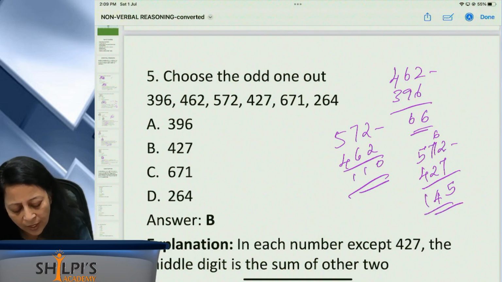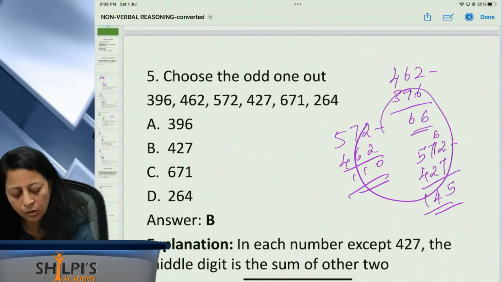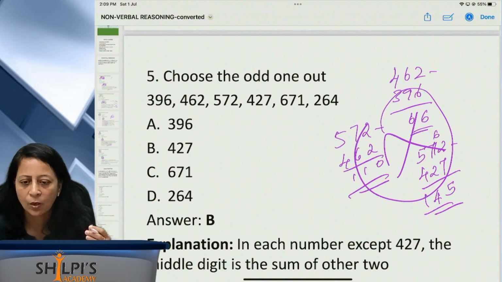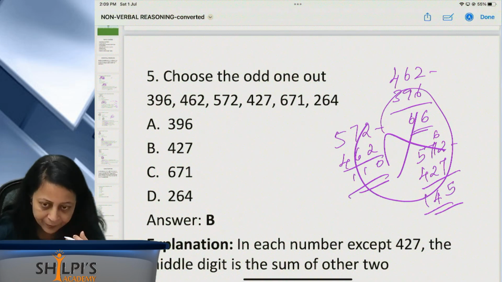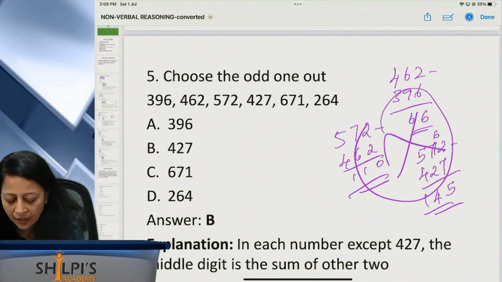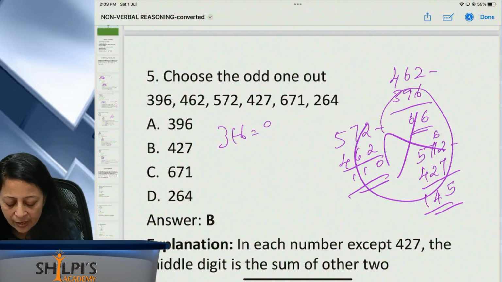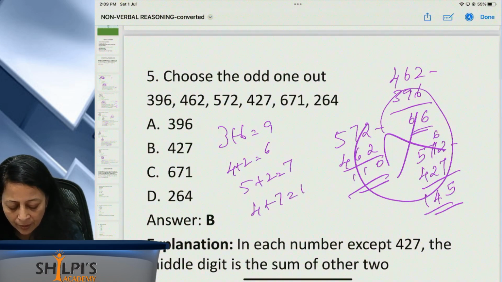So there is no relationship between these numbers. Let us see what it could be. If we add 3 and 9 and 6, we get the answer 18... Let us see: the digits add up to a single digit each time.